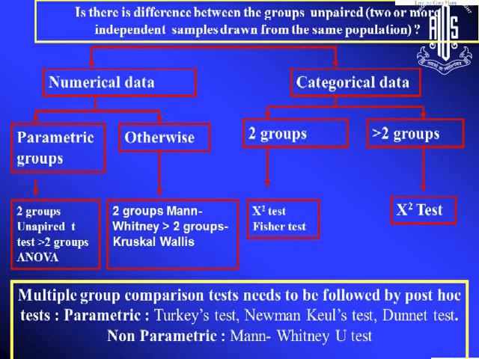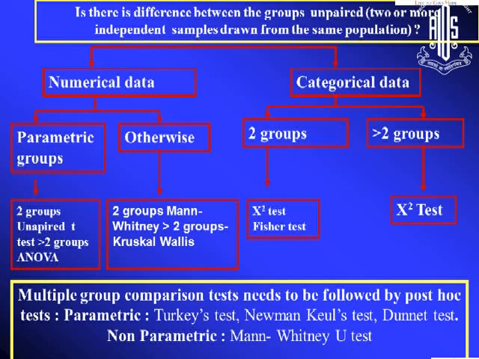Then you should know whether your data set is numerical or categorical. That's why Jatinder also showed you that you should know what type of data you are dealing with. In numerical data, whether you are dealing with parametric or non-parametric. How do you find it is parametric? One is the general thumb rule that if a data set has more than 100 total figures, most likely it will be parametric.